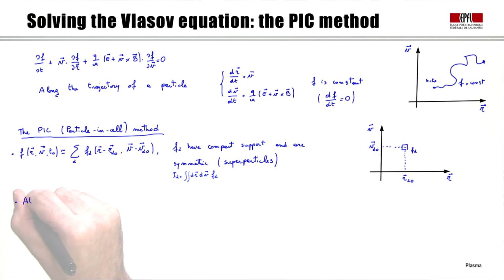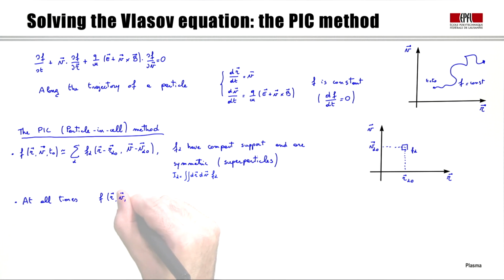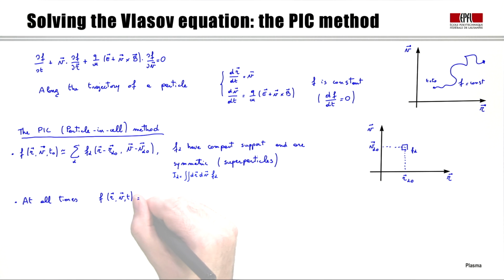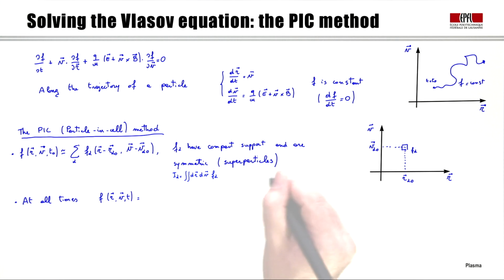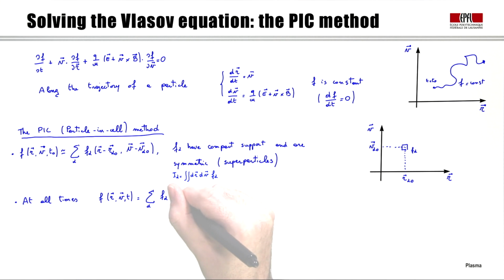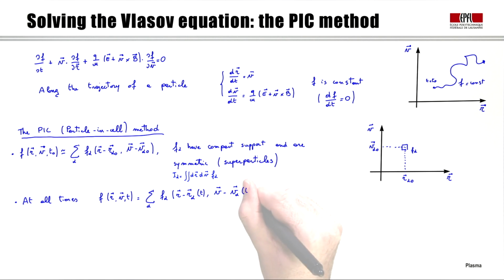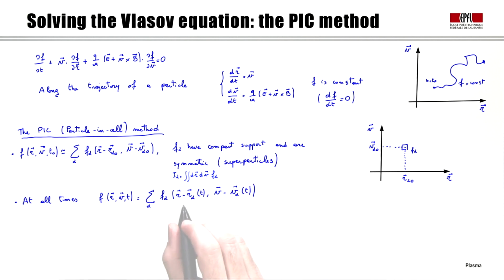And then we will impose that at all times f is still given by the superposition of these superparticles, which are centered at a position R alpha and V alpha that vary in time.